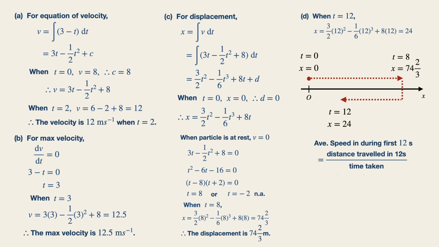Therefore, the distance traveled will be 74 2/3 plus 74 2/3 minus 24, and the average speed will be given by dividing this total distance by 12, which gives us a value of 10 4/9 meters per second.